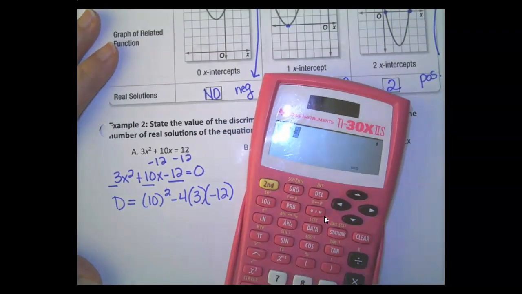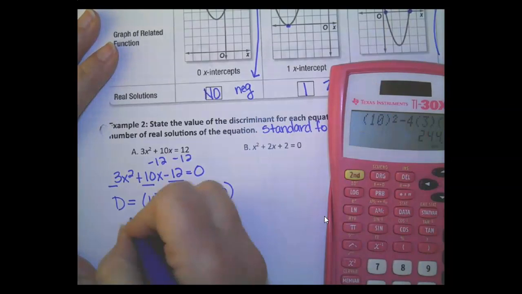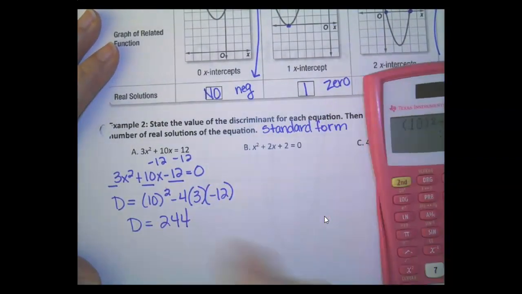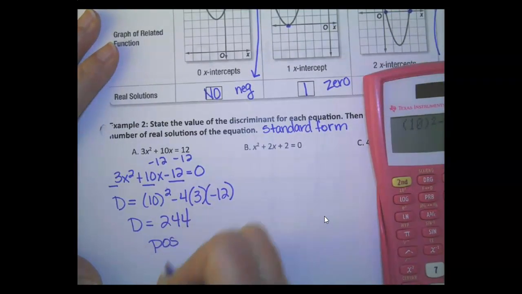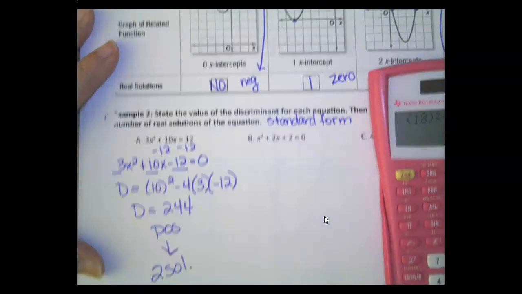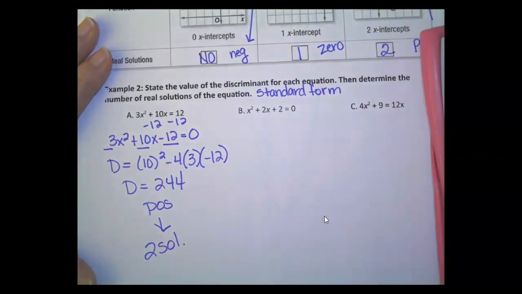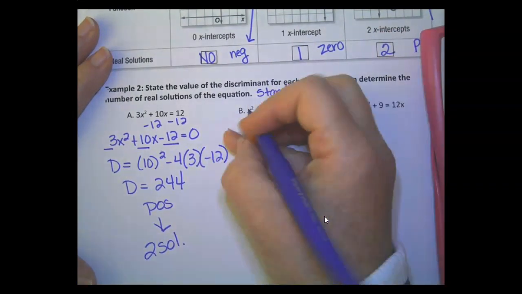So, parentheses, 10 squared minus 4, 3, negative 12. I got 244. So that's positive. Therefore, I end up with 2 solutions. Do I have to solve for those 2 solutions? No.